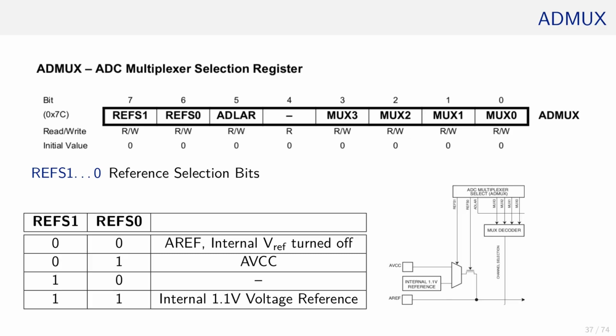As you can see in the diagram, if either AVCC or the internal reference voltage of 1.1 volt is selected, this reference voltage does not only go through the DAC, which is connected here, but it also comes out at the AREF pin.